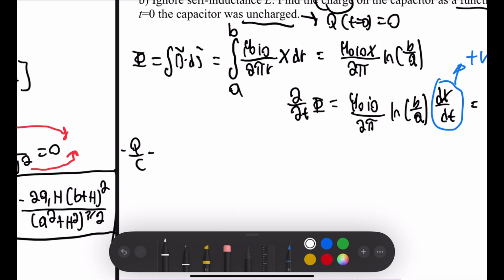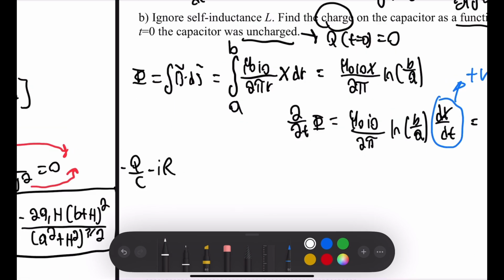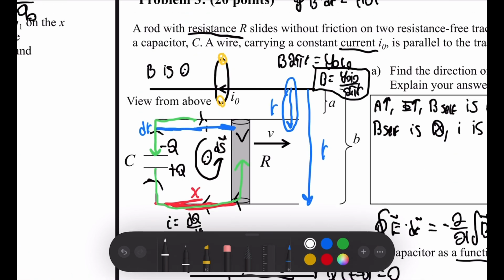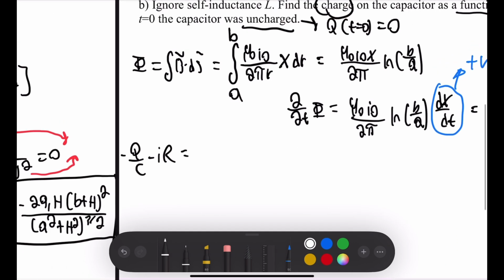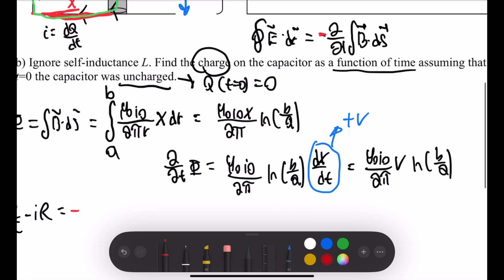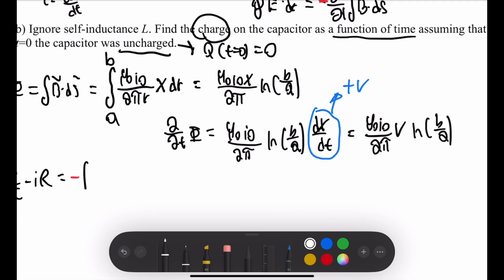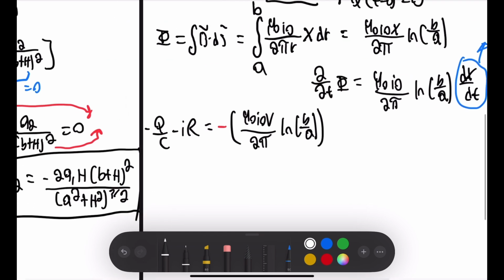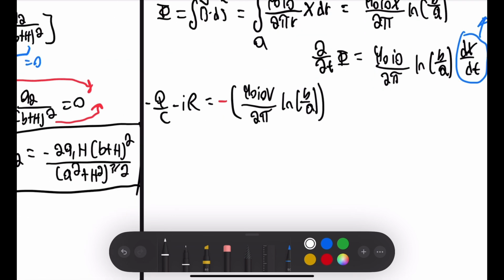So it's going to be negative I R, because the wire has a resistance R. And then this is equal to negative from the law. Don't forget that negative. And then the answer we found: mu naught I naught v over 2 pi ln of b over a. And I can divide by negatives on both sides. So I will get q over c.